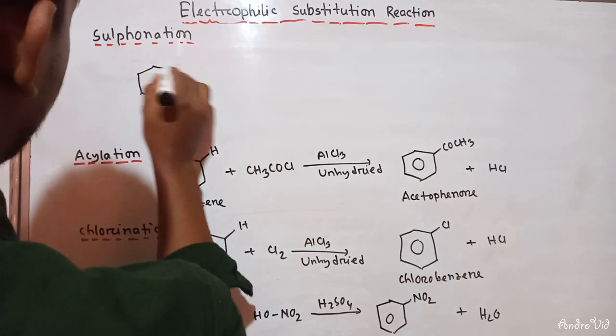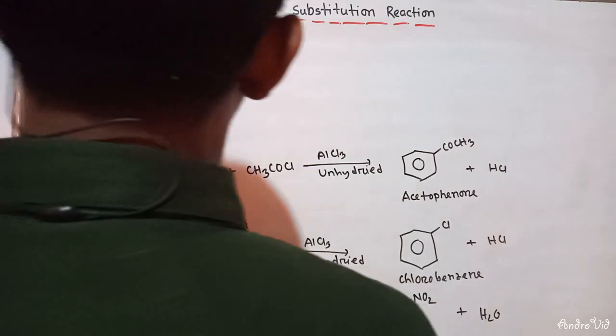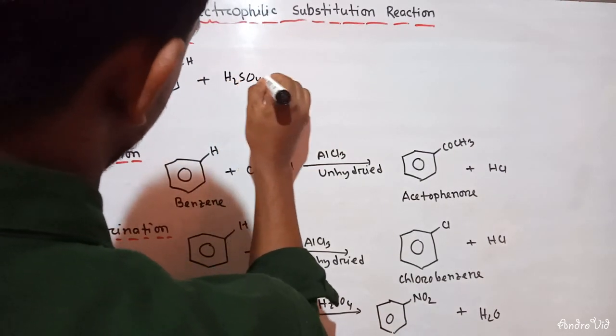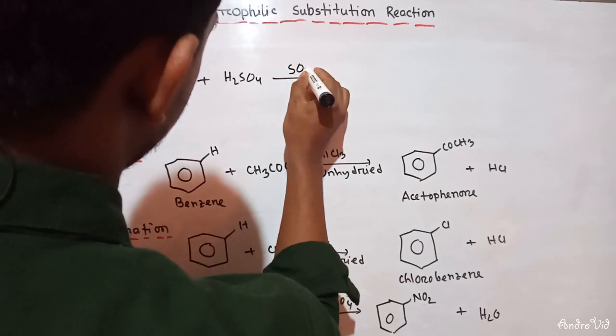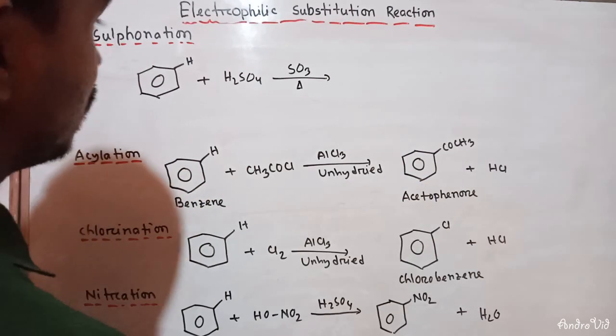During sulfonation, benzene reacts with sulfuric acid in presence of sulfur trioxide with a little bit of heat.